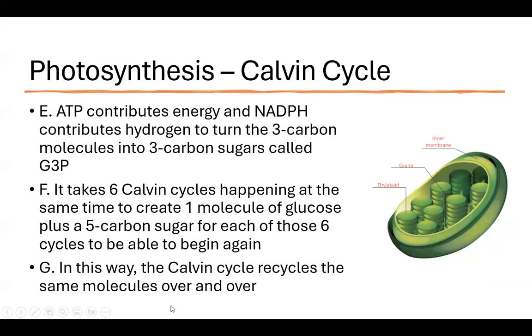Okay? So the other thing that happens in the Calvin cycle is that ATP, adenosine triphosphate, contributes energy, and NADPH contributes hydrogen to the 3-carbon molecules, and we now make 3-carbon sugars that are called G3P.